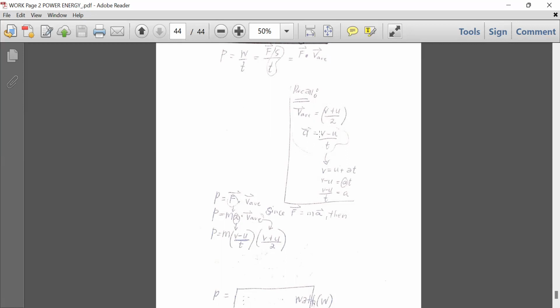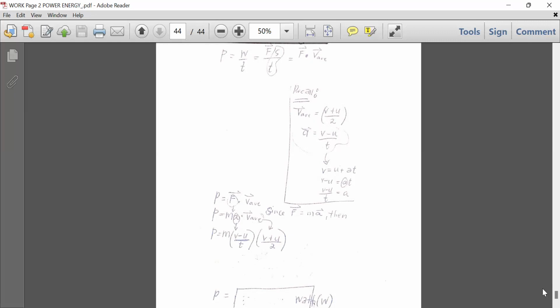Remember that acceleration is equal to final velocity minus initial velocity divided by time. We got this from the equation of motion V is equal to U plus AT. Then with formula transformation, you get acceleration equals V minus U over T. Remember that acceleration is change in velocity over time.